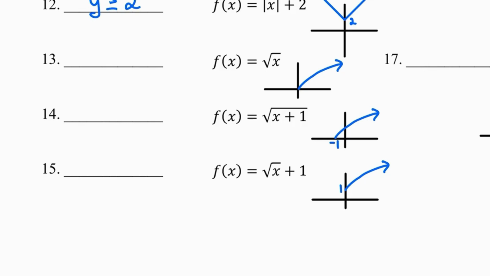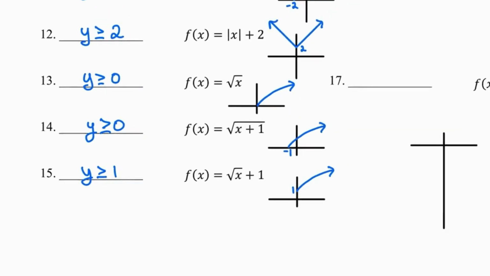So all of our output for the square root function is greater than or equal to 0. If I manipulate my input and shift it to the left one, it doesn't affect my output, still greater than or equal to 0. However, the next one, I'm shifting the graph up. So now the lowest value of y that can come out is positive 1. So y is greater than or equal to 1.